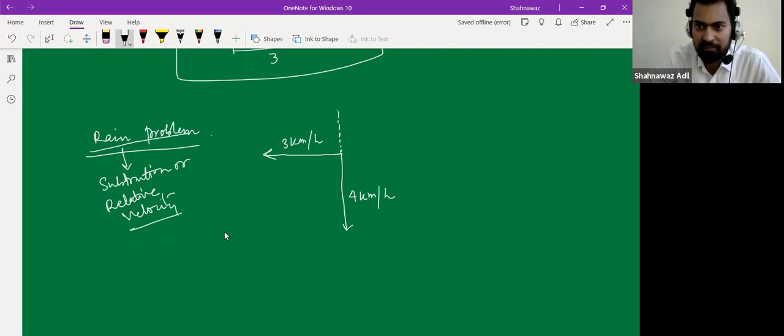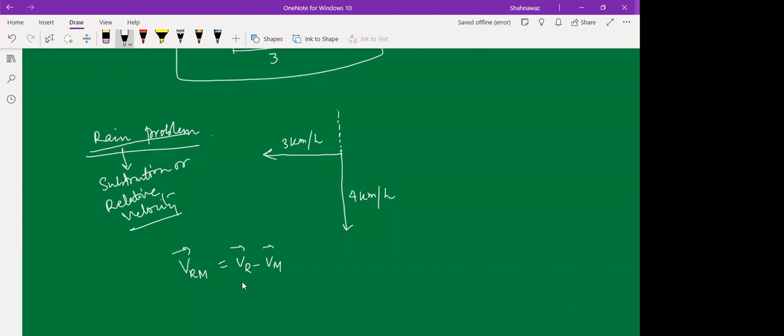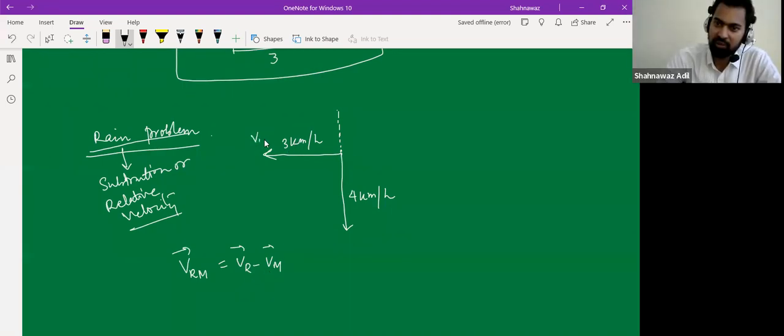So we want to calculate velocity of rain with respect to man. Okay. So this will be what? VR minus VM. Understood? Any doubt? Okay. So this is VM.